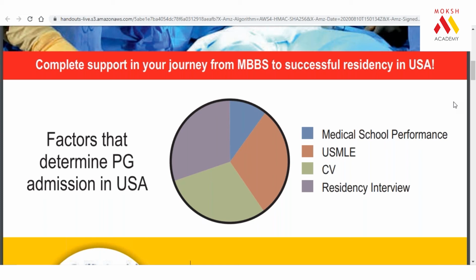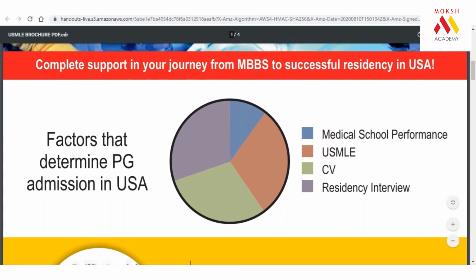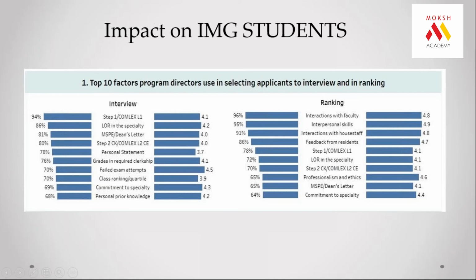Absolutely, yes, Madhu Kunj. Indian governments definitely recognize the US PG very much, both in private and government sector. What more do I have to do to start a general surgery? Irrespective of the specialization, you need to make your profile strong. Okay, your profile has to be very strong for the US process.